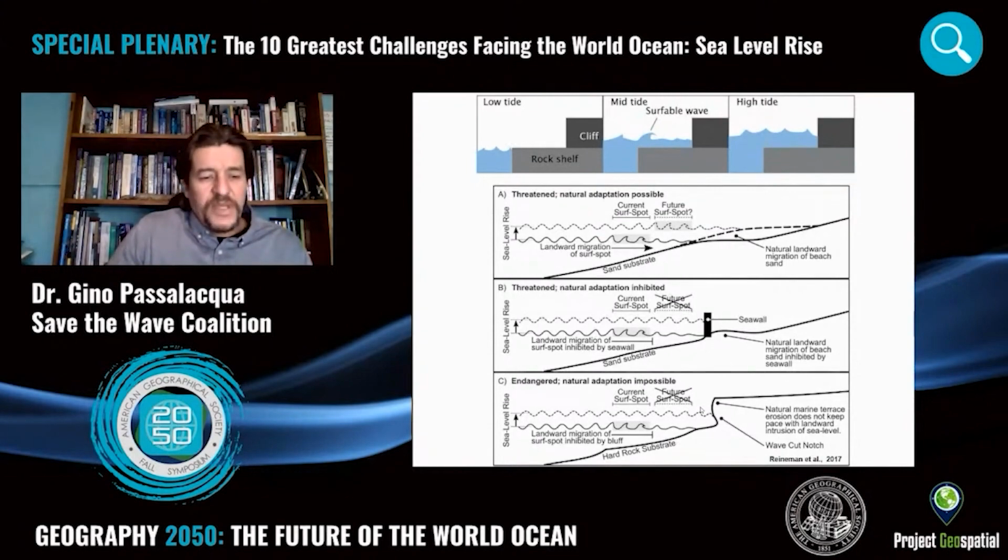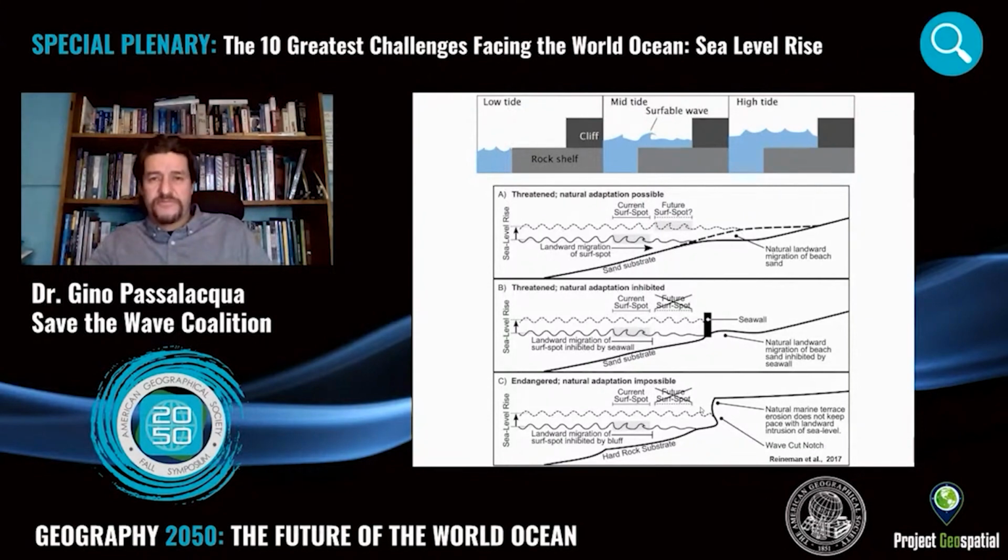So how do we use sea level rise information at Save the Waves? Together with the University of Baja California, we've developed a multi-criteria analysis to identify priority areas for surf ecosystem conservation. We proposed a set of indicators to measure the state and pressures on diverse surf ecosystems using GIS systems in Mexico, and we're transferring this methodology all around the world.